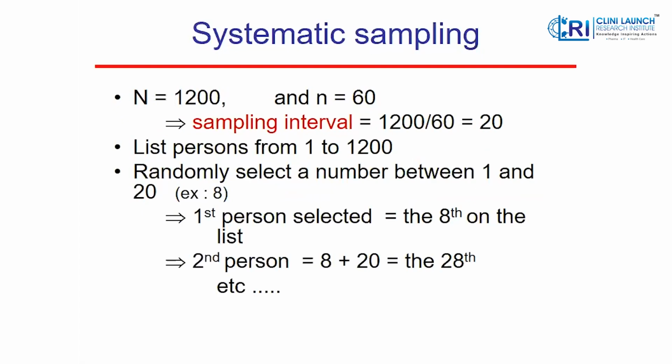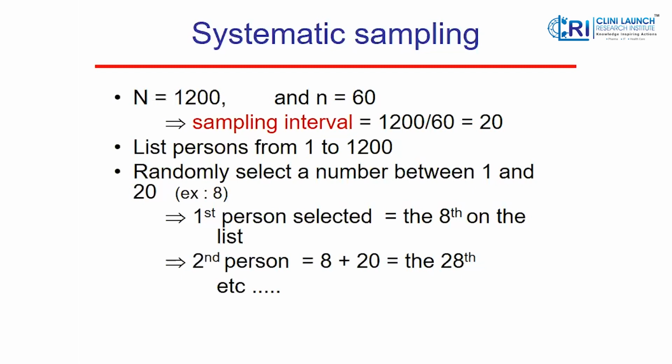Now, this is an important slide. In order to select a systematic sample, you need to follow some steps. Number the units on your frame from 1 to n, where n is the total population size. Firstly, you have to determine the sampling interval, which is k, by dividing the number of units in the population by the desired sample size.